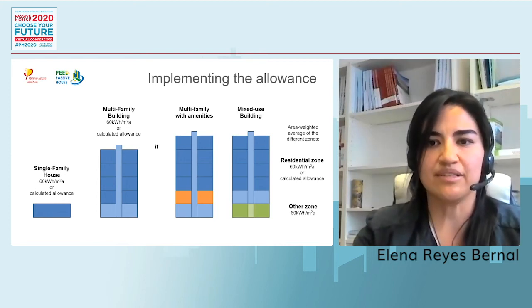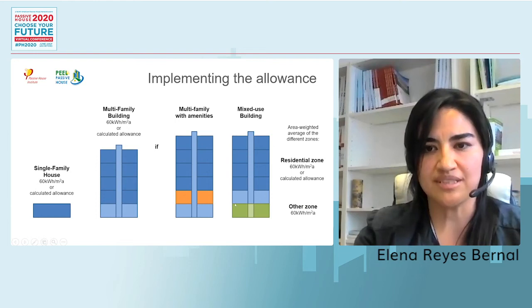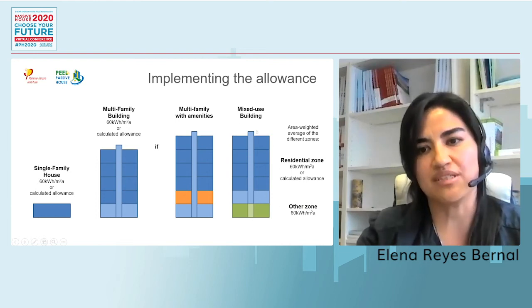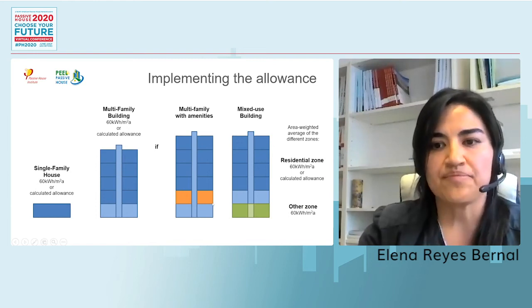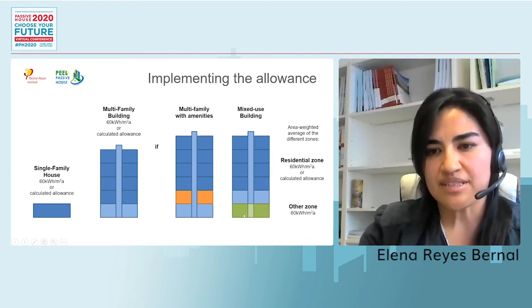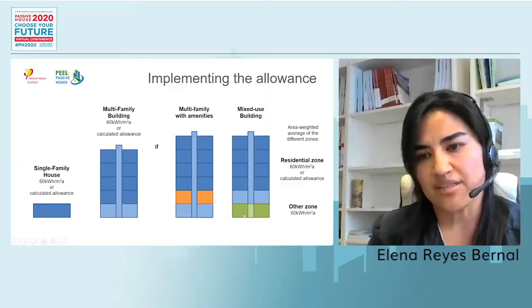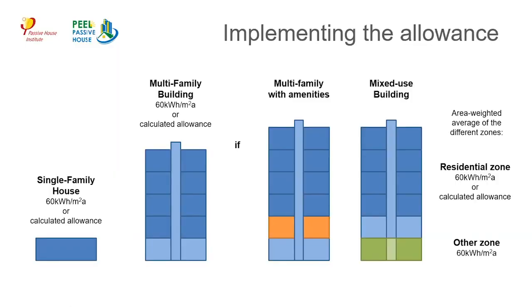The calculated allowance would work for what you see in the slide as the blue areas, which would be the residential area. And then you would have to calculate the orange and the green areas separately with the traditional limit of 60 kilowatt hours for the PER scheme or 120 for the PE scheme. And then at the end, you would do an area weighted average of the different zones to get to the final target.